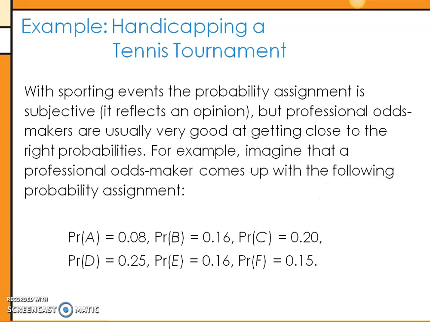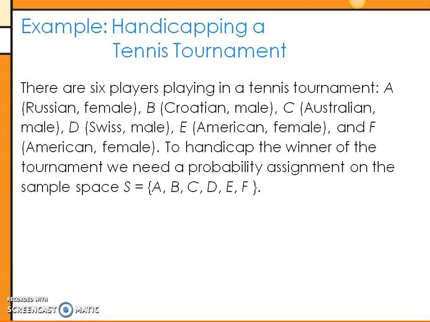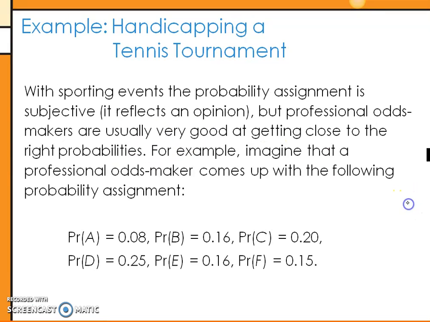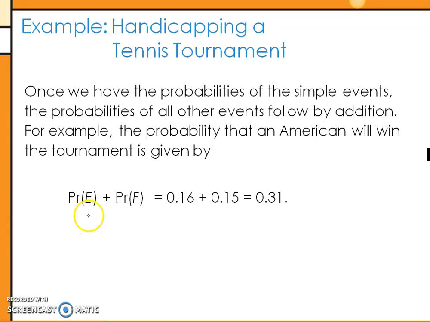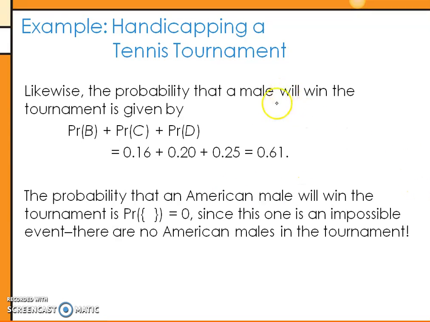So I got to go back to our list to see, first off, who's American in this list. So it looks like E and F are the only American players. And so if this person has a 16% chance of winning and this person has a 15% chance of winning, the chance that one or the other one wins is 16% plus 15%, so 0.31 or 31% chance.